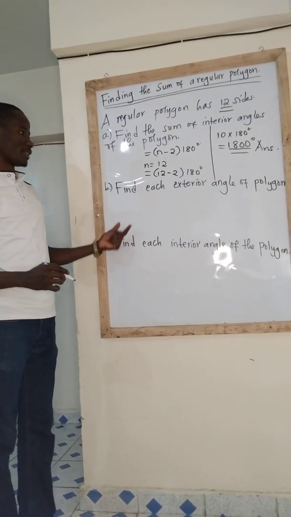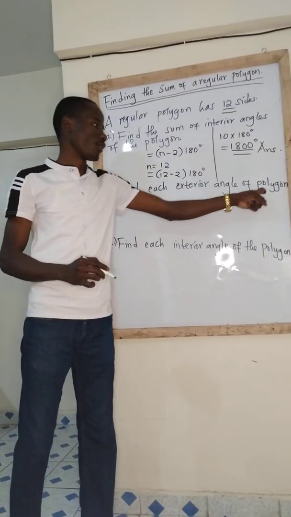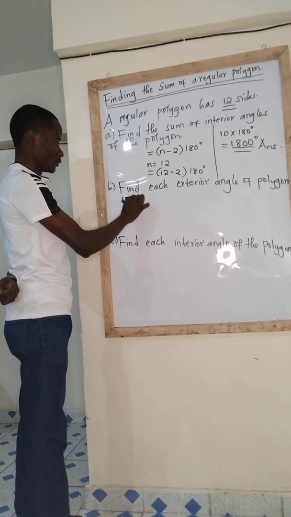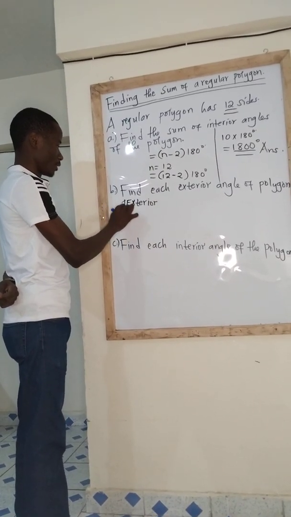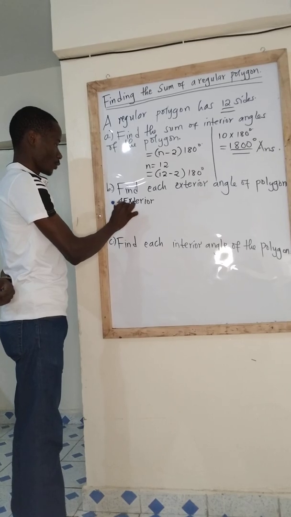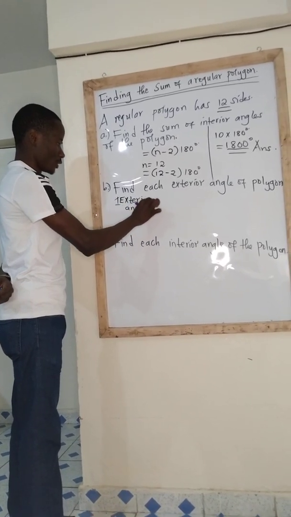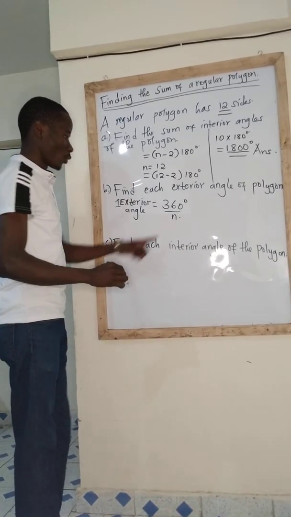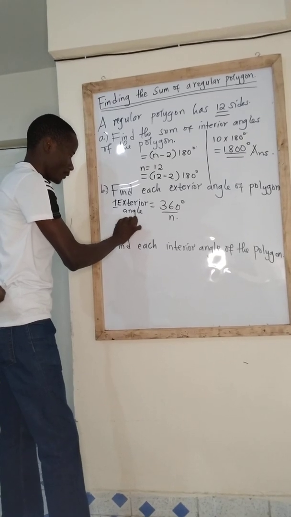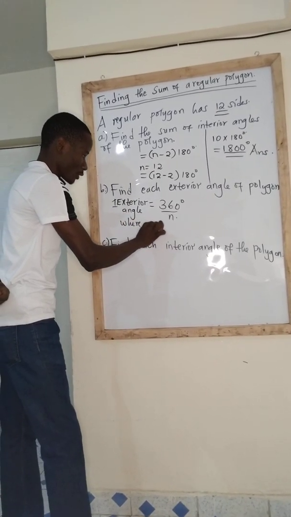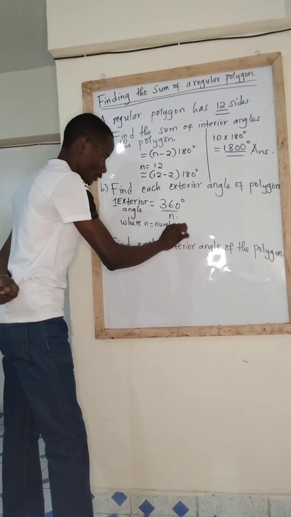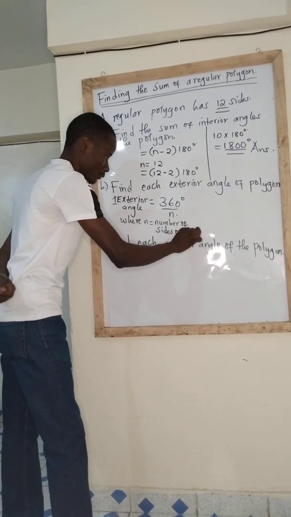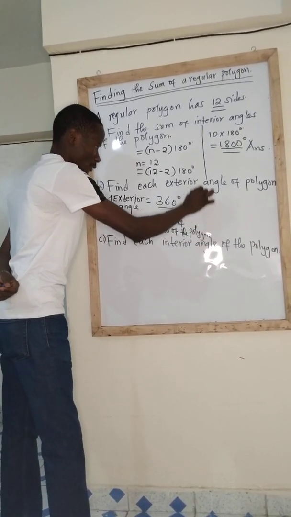The next part, which is part B, says find each exterior angle of a polygon. We know that one exterior angle is equal to 360 degrees over n, where n is equal to the number of sides of the polygon.